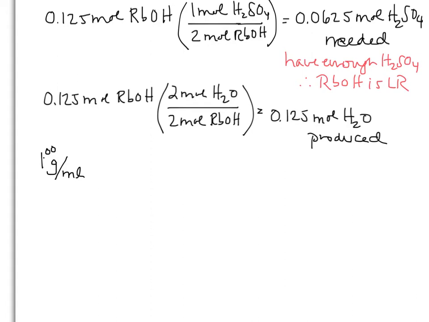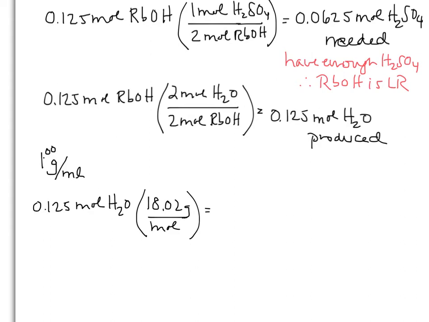So I'm going to start with what I've got, 0.125 moles of water. I'm going to convert that to grams first. 18.02 grams per mole of water is its molar mass.